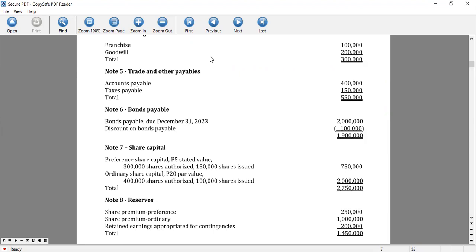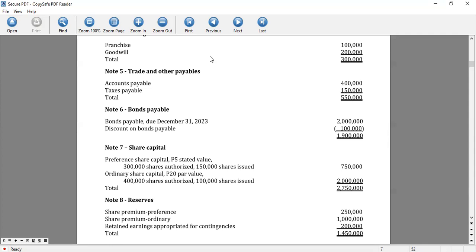Stated value is 5. Authorized 300,000 shares, issued 150,000 shares for 1 million. Now that's for 1 million minus stated value of 750,000. That's why we have a share premium, the excess of the selling price over the stated value.